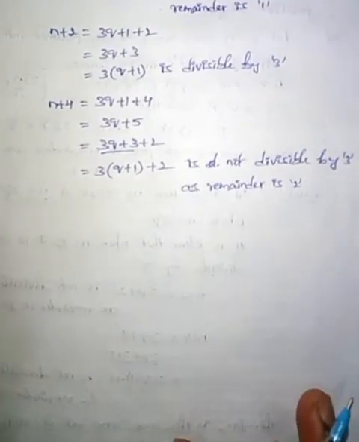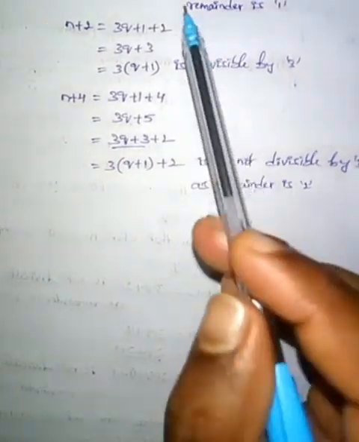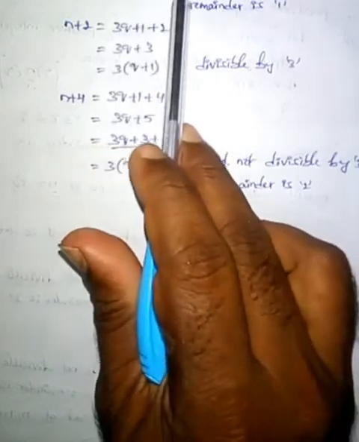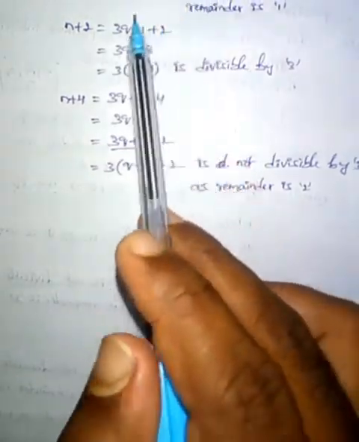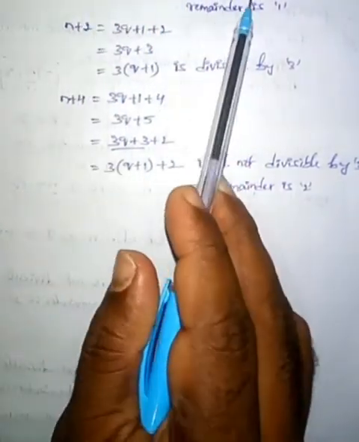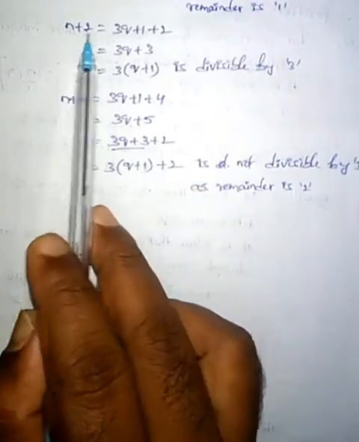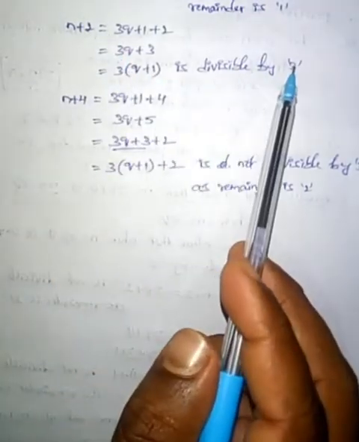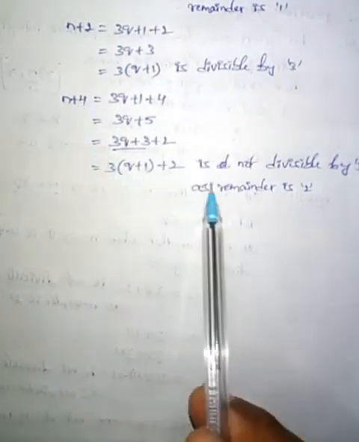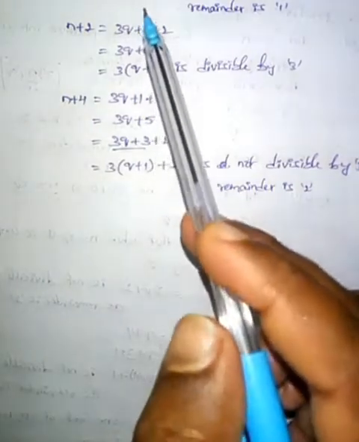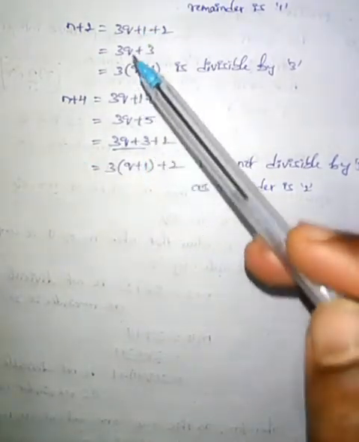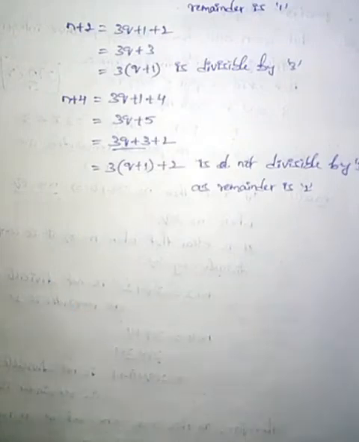Okay, so children, you can observe that if r equal to 1, then n equal to 3q plus 1. In this case, n is not divisible by 3. n plus 2 is divisible by 3. And n plus 4 is not divisible by 3. So in this case also, only one out of these three values is divisible by 3.